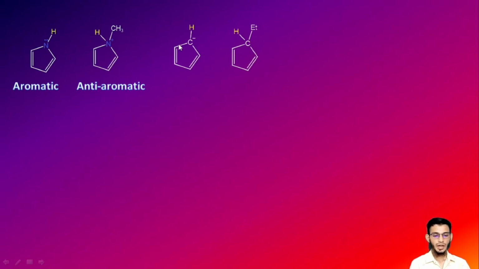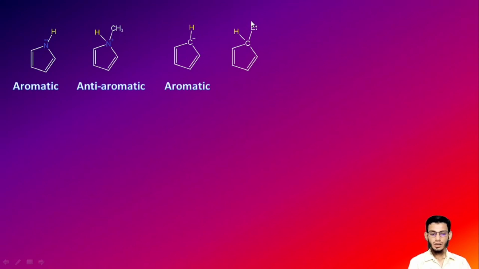Here you can see also it is aromatic. Okay, we have discussed it, but we should discuss whether it is anti-aromatic or non-aromatic. You can see that 2 pi bonds are separated by 1 sigma bond, right? But here you can see that 2 pi bonds are separated by 2 sigma bonds, like this. See my arrow. Okay, this and this.